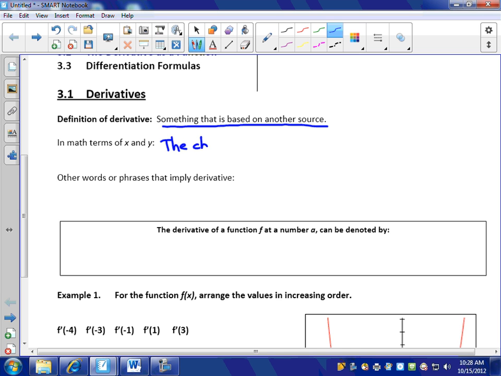The change in y based on the change in x. The change in y based on the change in x. Now, what is that? Does that sound familiar to anybody? Does that kind of sound like slope? Yeah, it really sounds like slope.